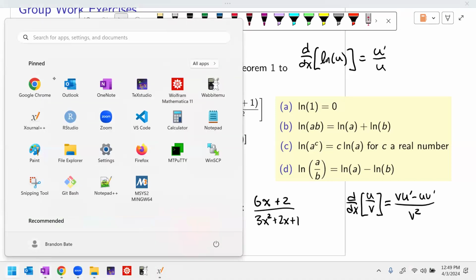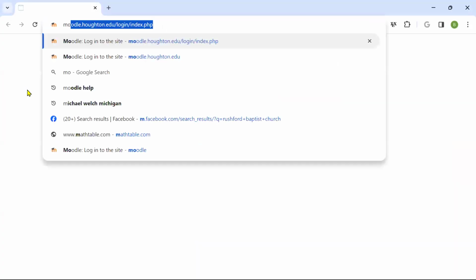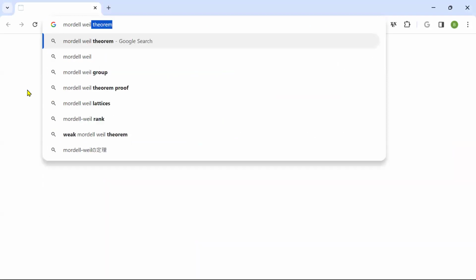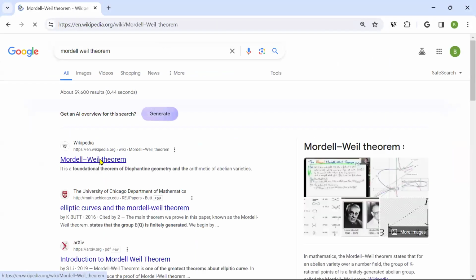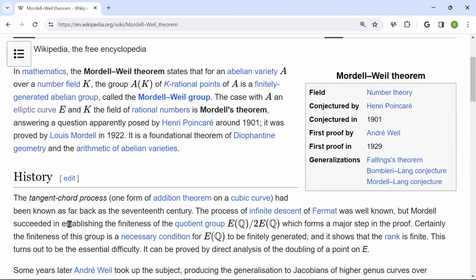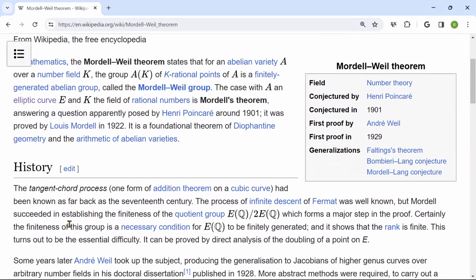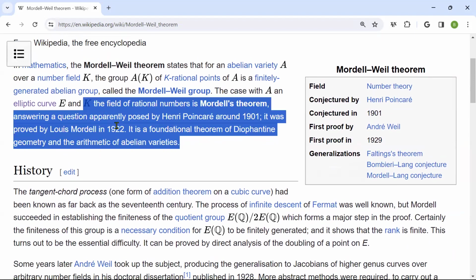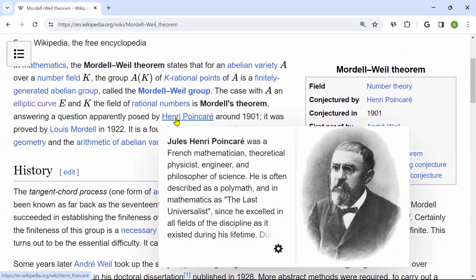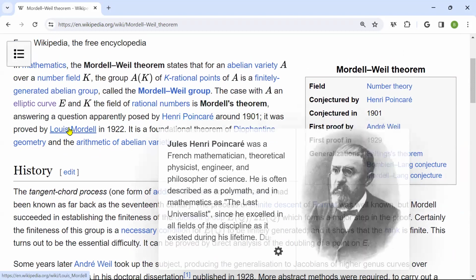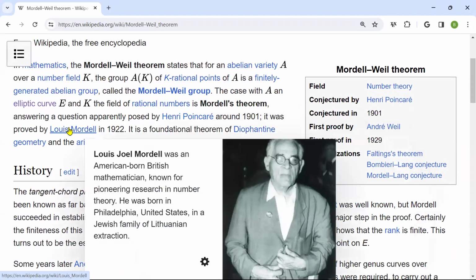So there's a theorem which you'll never learn about. Well, except now you are. The Mordell-Weil theorem, the theorem on Diophantine equations, was proposed by Henri Poincaré, who's one of the greatest mathematicians of his generation, and proved by Louis Mordell, who was the first American-born mathematician to do something serious.